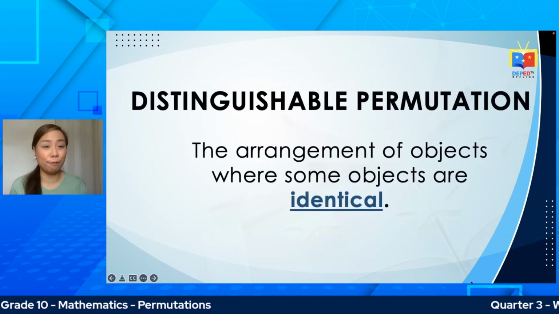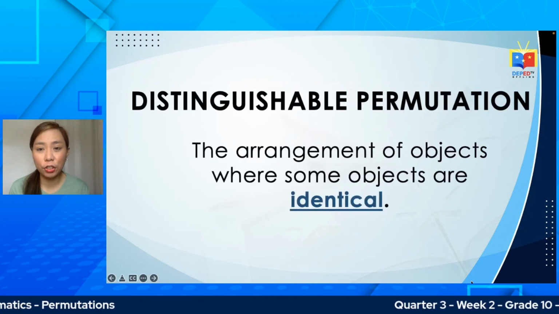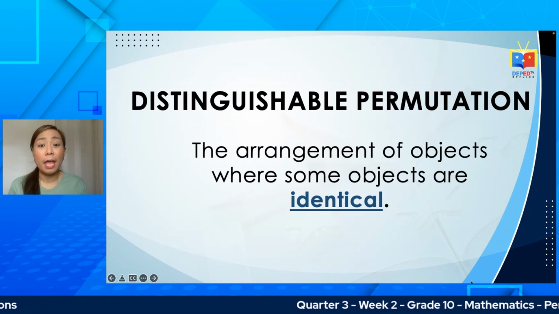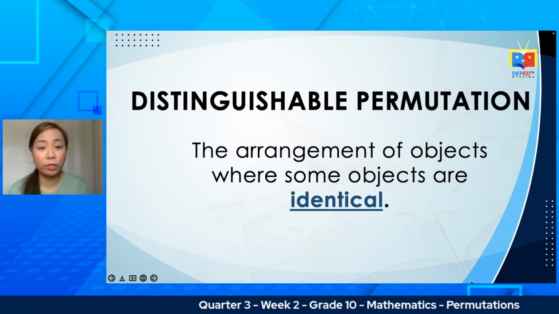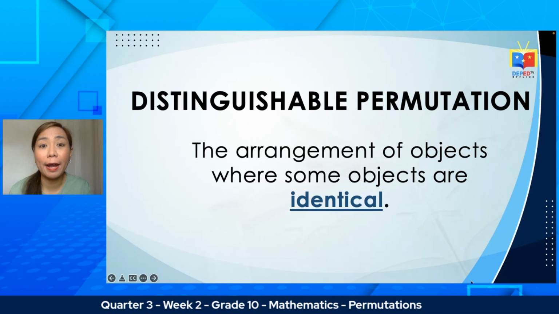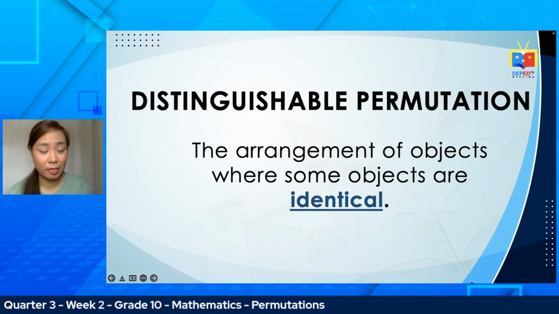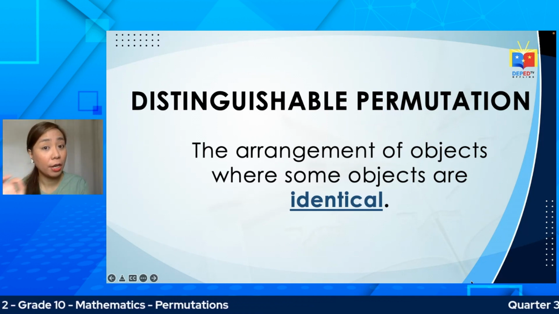Let's start off with the first one, the distinguishable permutation. This is the arrangement of objects where some objects are identical. Yes, may parehong object on our options.